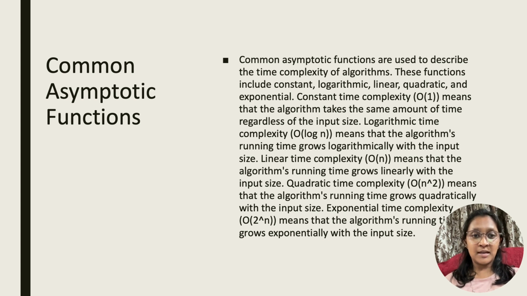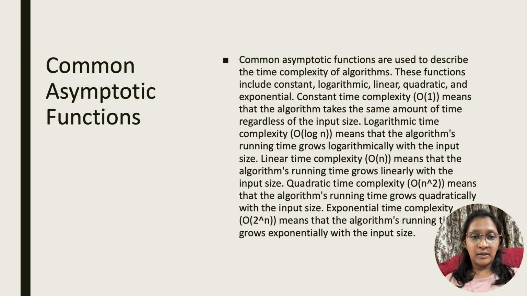Linear time complexity O of n means that the algorithm's running time grows linearly with the input size. Quadratic time complexity O of n power 2 means that the algorithm's running time grows quadratically with the input size.